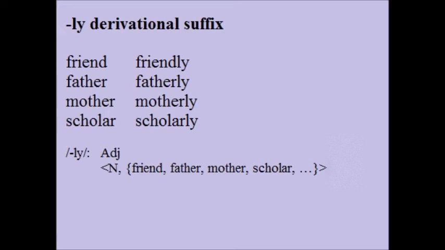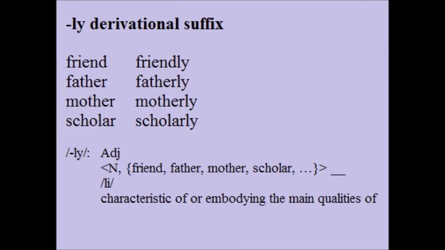The underscore indicates the position of the morpheme -ly with respect to its base. Here it appears as a suffix to the set of given nouns. Another way to think about these two lines is as follows: -ly is a suffix that attaches to any one of the nouns given in the list to form an adjective. The third line is the pronunciation of the morpheme, and the last line is the definition.